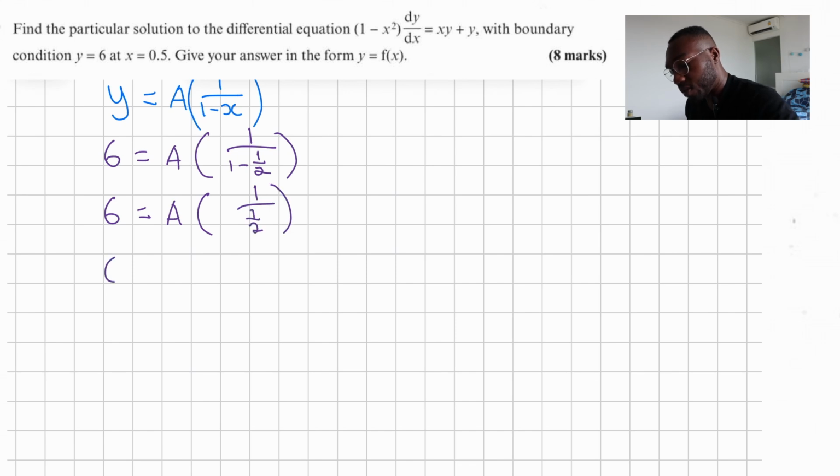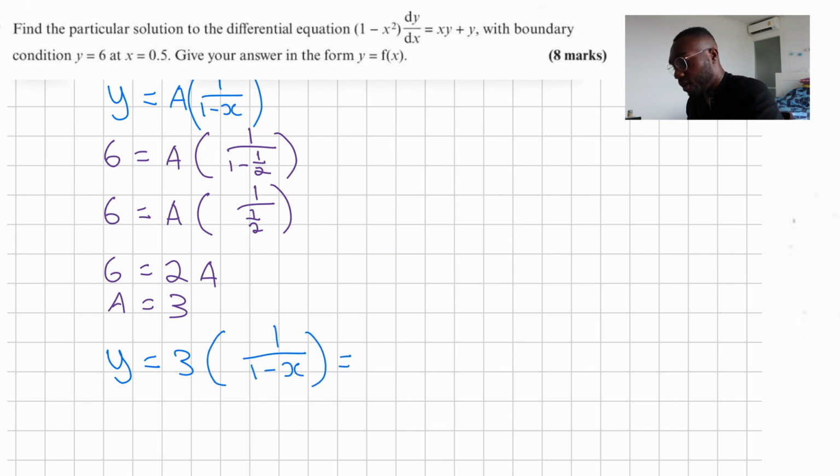So that is just 6 equals 2A, therefore A is equal to 3. So therefore in our question, we know that y equals 3 times 1/(1 − x). Therefore, if we put this all together, y is equal to 3/(1 − x).